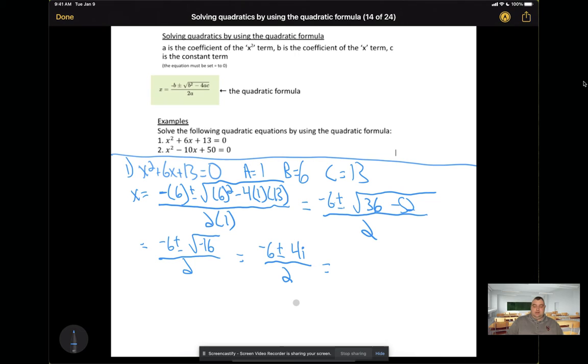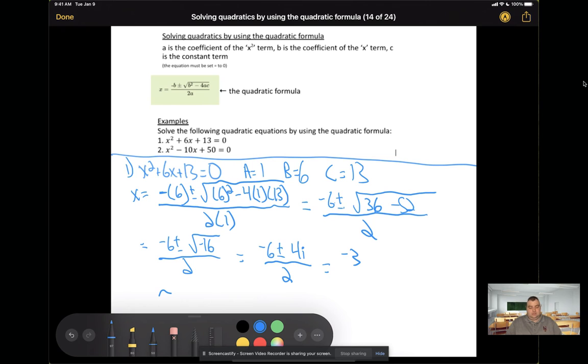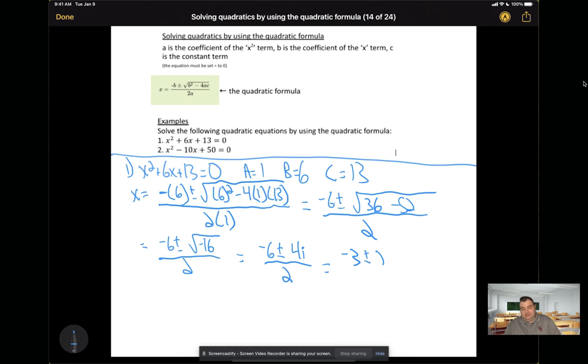And then, to simplify this even further, all of these numbers here are even numbers. Even numbers are all divisible by 2. So I'm going to go ahead and divide each of these things by 2 since they're even. So negative 6 divided by 2 is negative 3. 4i divided by 2 is 2i.